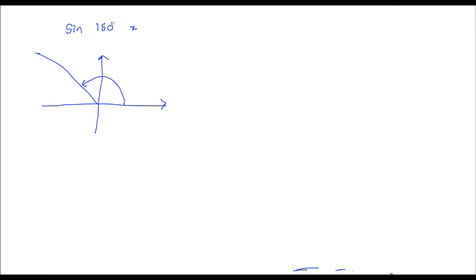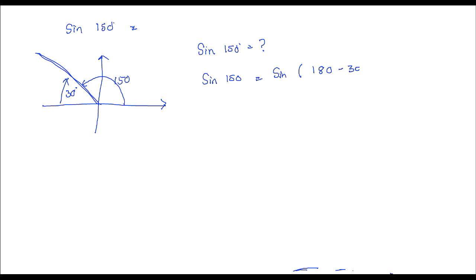I see it like a straight line, but anyway, that's 150. So that's 30, right? So you're trying to find sine 150, which is the question. Now you can write sine 150 as sine, associating this 150 with 180. So 150 would be 180 minus 30.